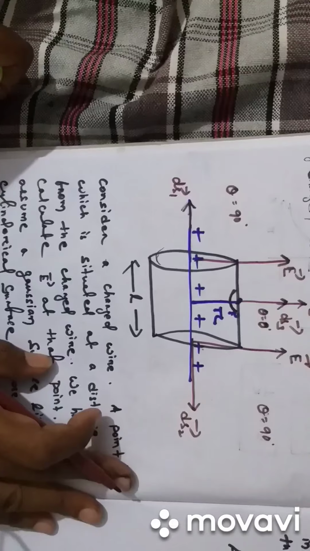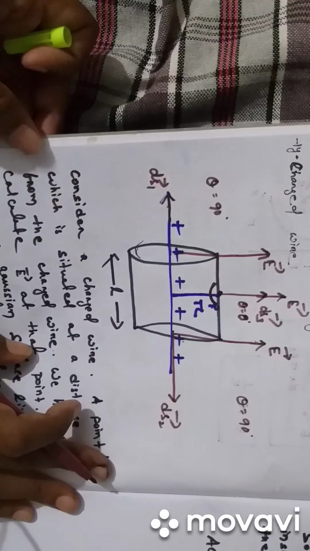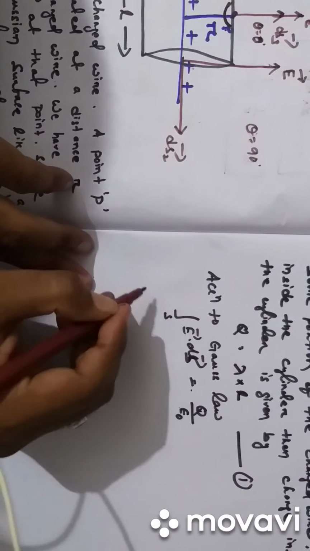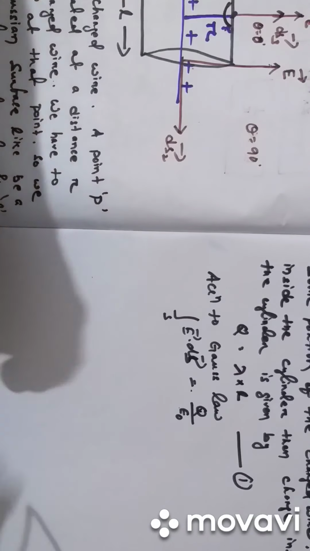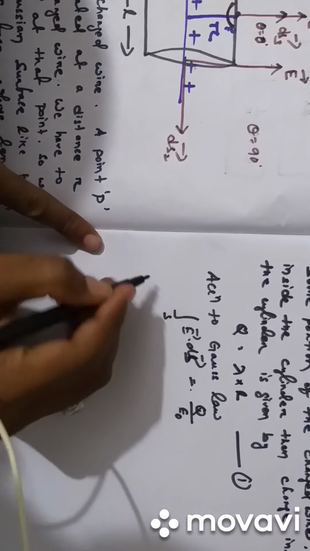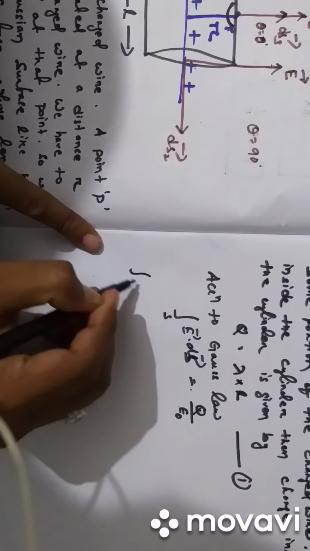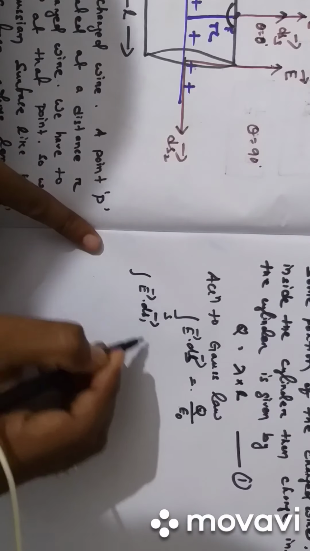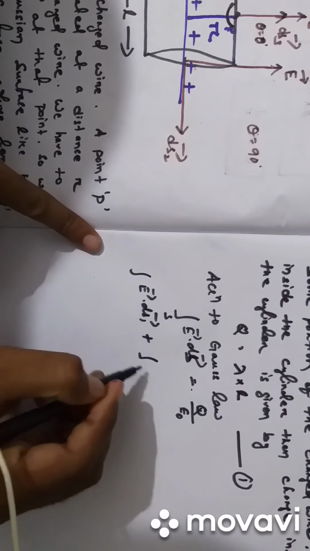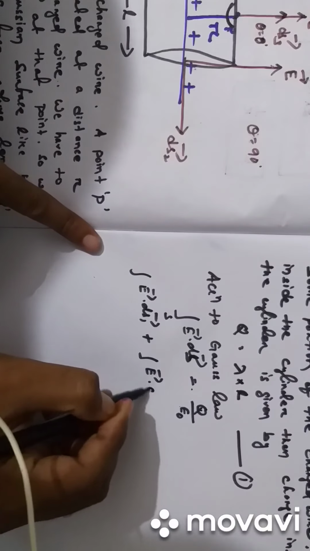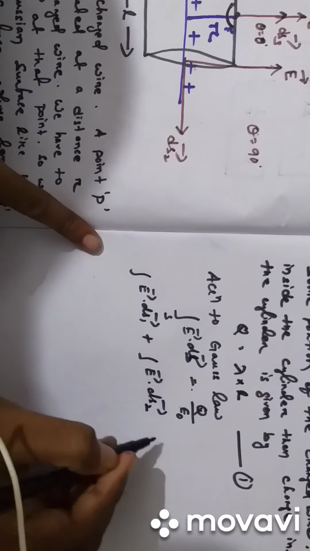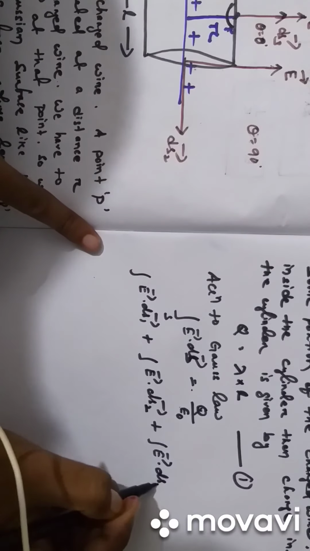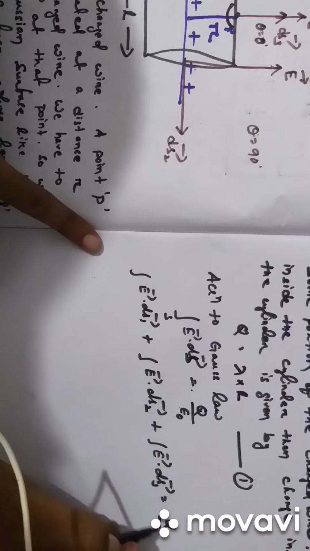So all these things can be represented as: for the first surface E vector dot ds1 vector, plus for the second surface E vector dot ds2 vector, plus for the third surface E vector dot ds3 vector, which is equal to q by epsilon naught.